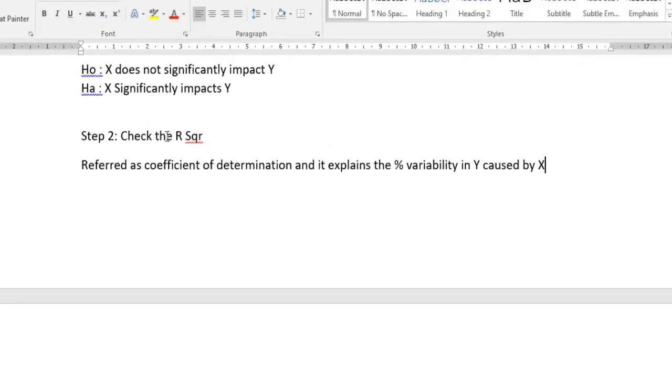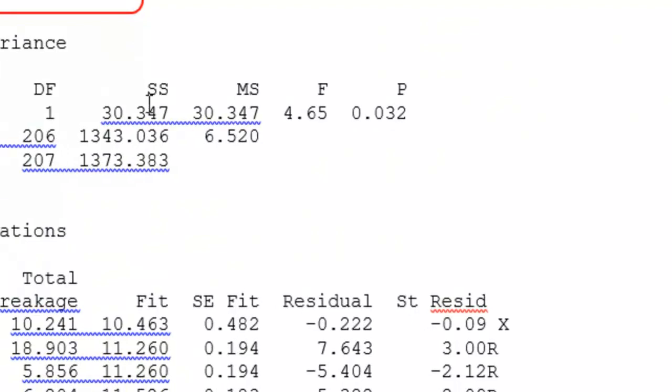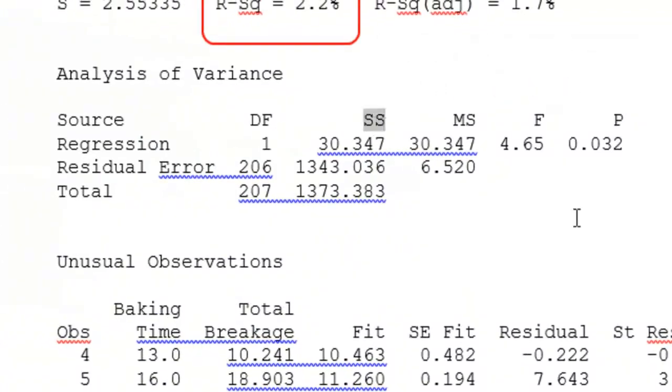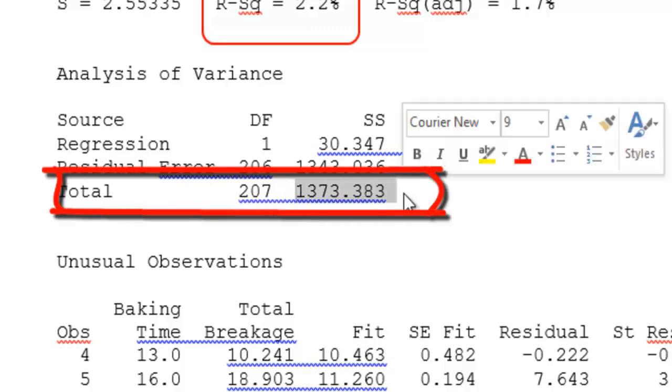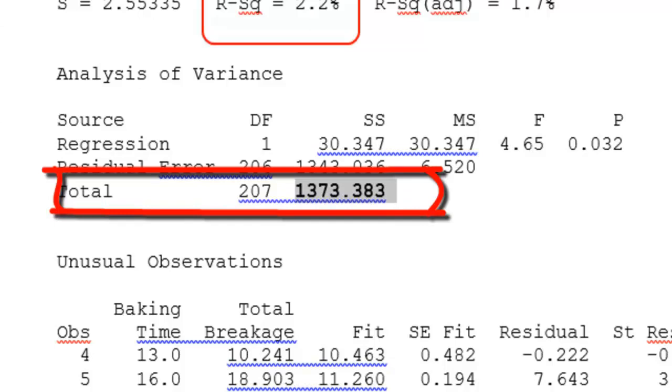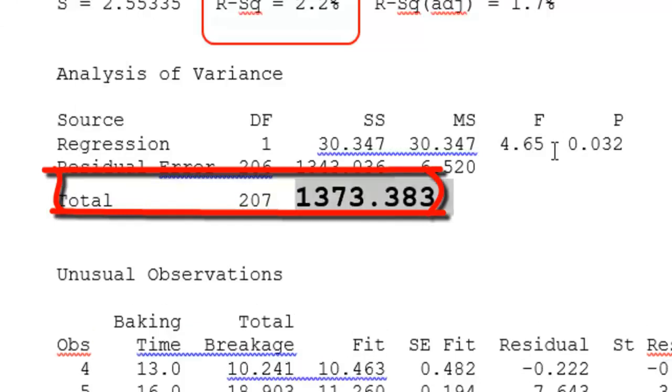Out of the total variation that I have observed in my project Y, look at this number here. All of you can see this SS. This is sum of square. So अगर आप देखो टोटल के पास जो sum of square लिखा हुआ है is 1373.383.